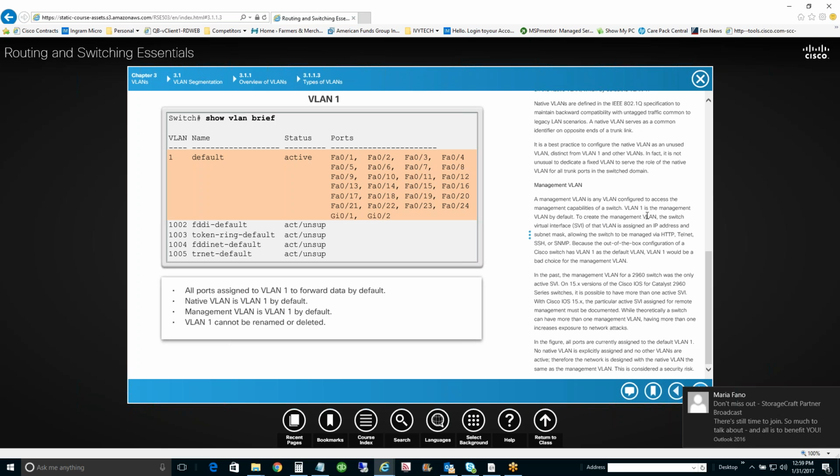Again, by default, it's VLAN 1. Depending on the size of your network, the sophistication of your users, and your risk tolerance as far as security is concerned, you may have your management VLAN be on VLAN 1, but in larger networks it usually is not.